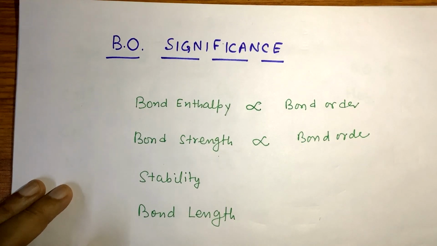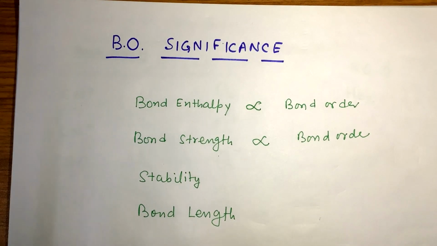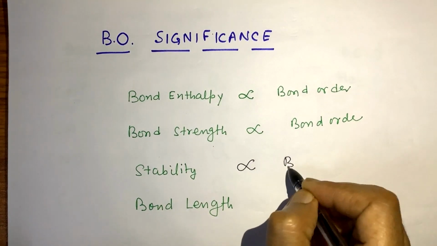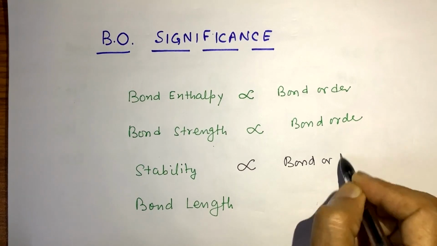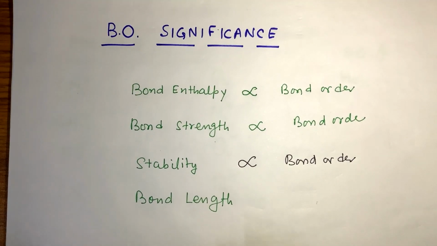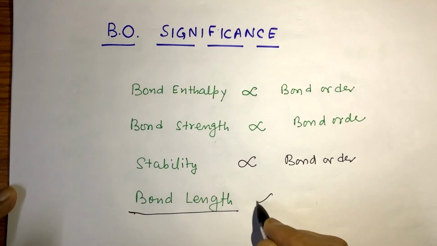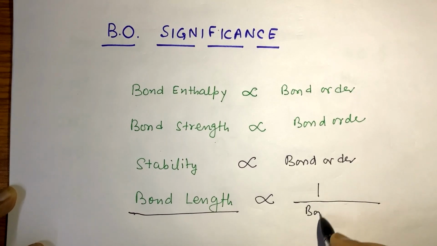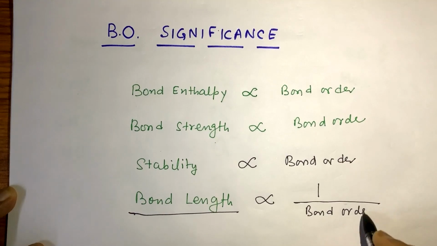Okay, and again, stability of molecule is directly proportional to bond order. But bond length is inversely related to bond order.